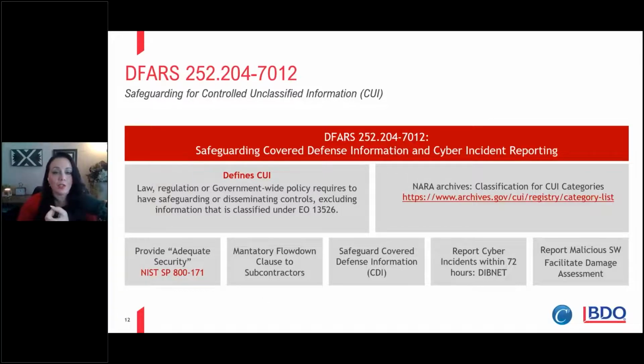Number one, it wants you to provide, just as the FAR clause did, adequate security. But instead of pointing to the 17 controls that are embedded in the FAR clause, this one points to a separate framework that's established by NIST.